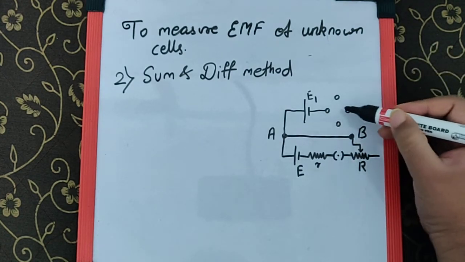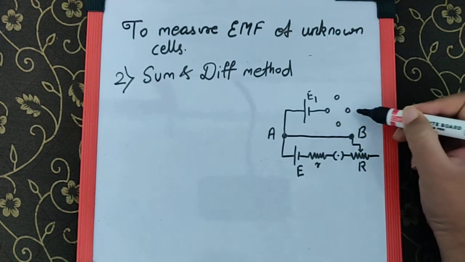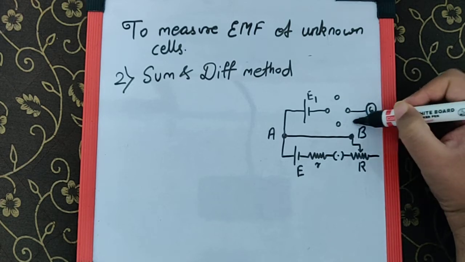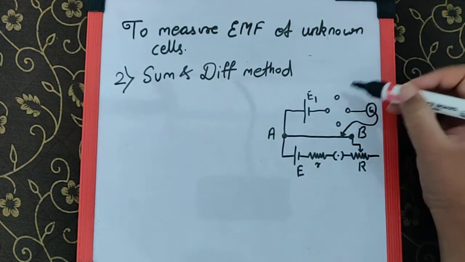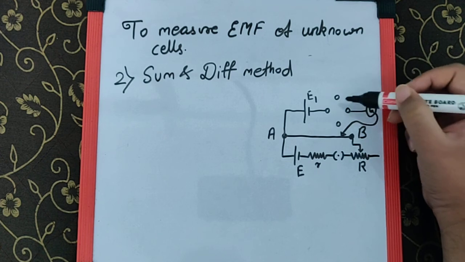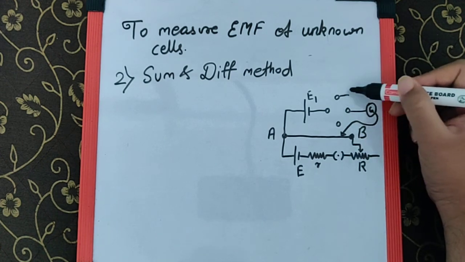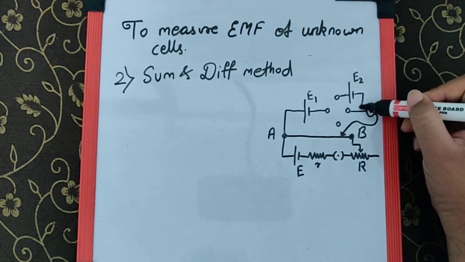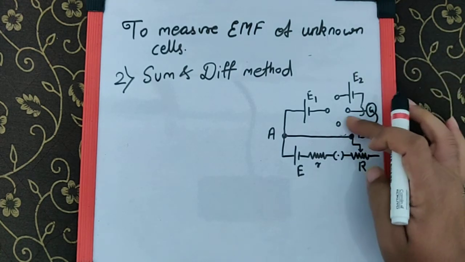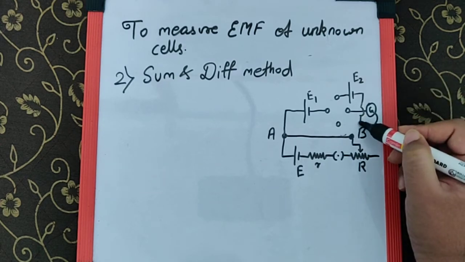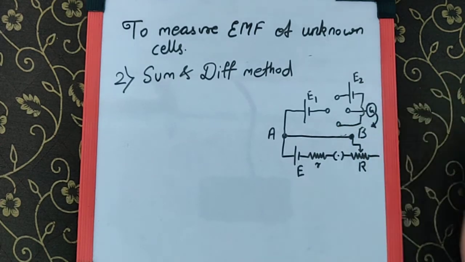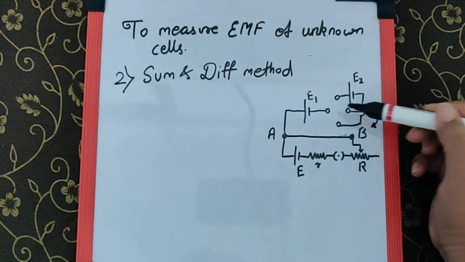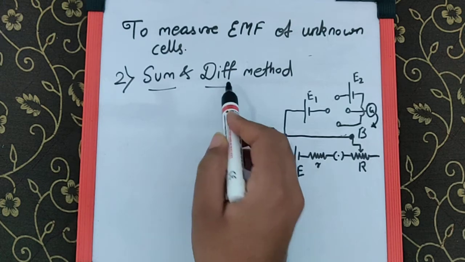The diametrically opposite end of E1, we connect to the galvanometer and then to a jockey. The other two ends, we connect them via a battery E2 with a jump like this.